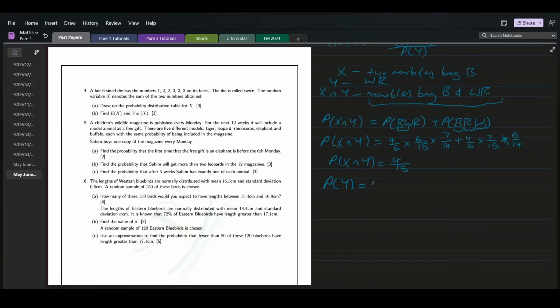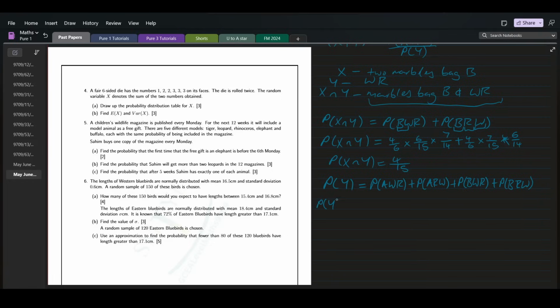So what this means is that we could pick bag A and then a white and a red marble, or we could pick bag A and then a red and a white marble, or we could pick bag B and then a white and a red, or we could pick bag B and then a red and a white.